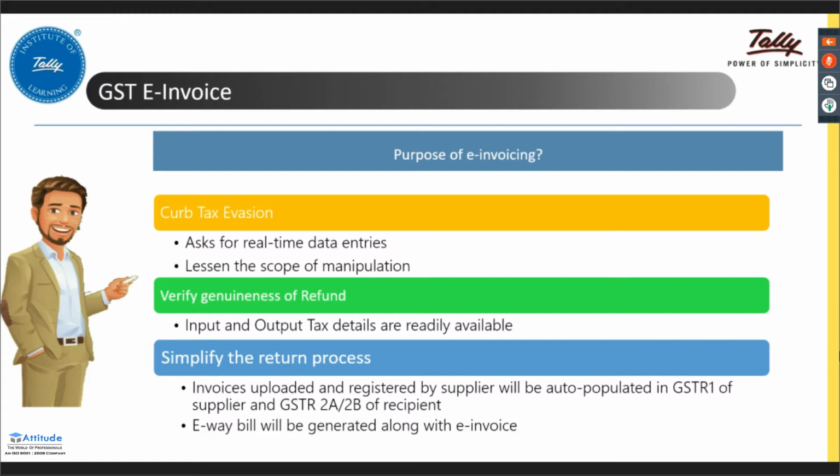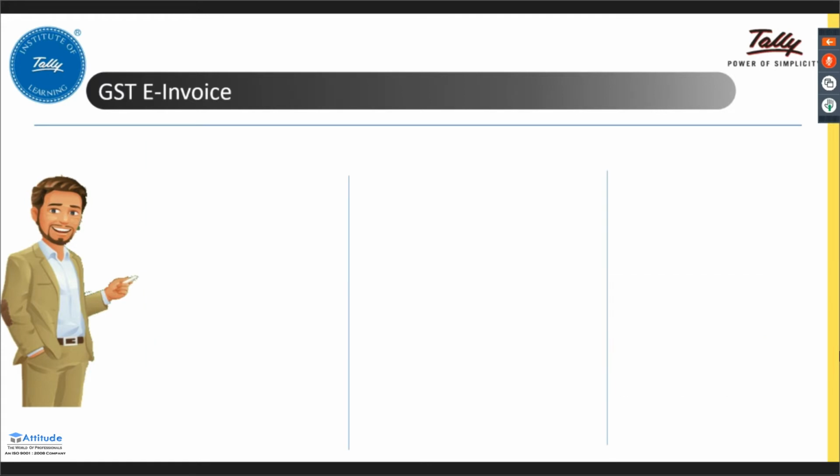Invoices which are uploaded and registered by the supplier will be auto-populated in GSTR-1 of the supplier and GSTR-2A or 2B of the recipient. Along with this, the e-way bill also will be generated with the e-invoice. All in one. Once after recording a valid tax invoice, whatever required details are needed will be fetched and generated, and the tax invoice will be a complete one. These are the purposes of generating e-invoices under the GST regime.